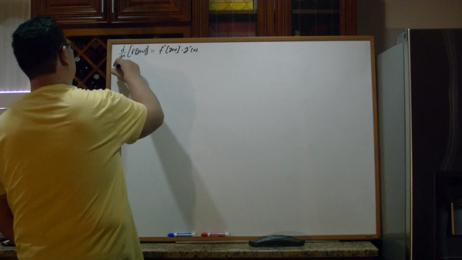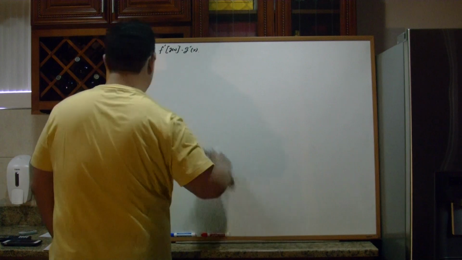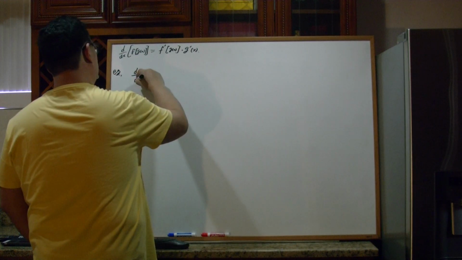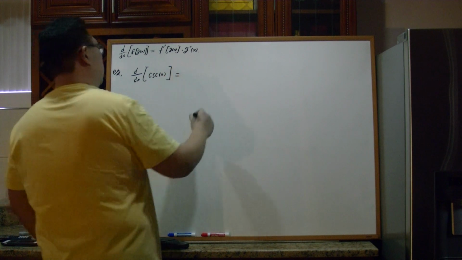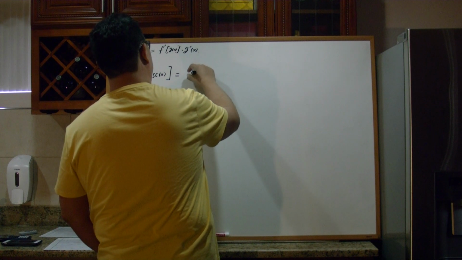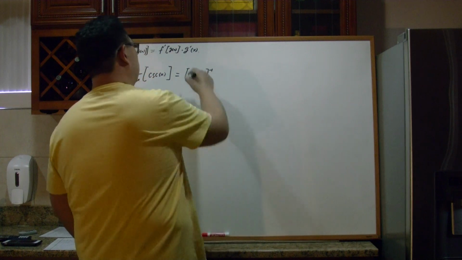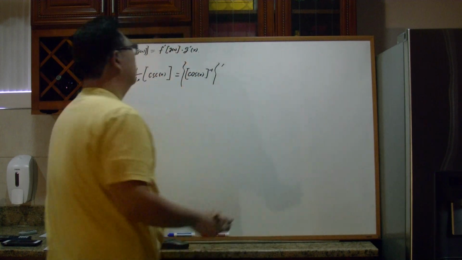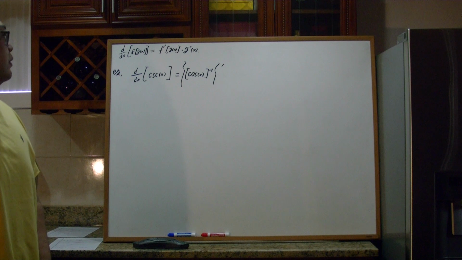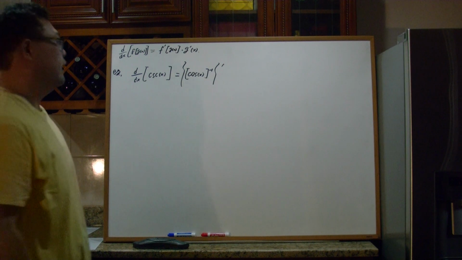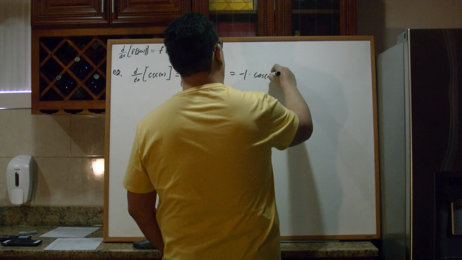The derivative of cosecant is the derivative of cosine to the negative 1. Right, cosine to the negative 1, that's what we get for the cosecant. To find that derivative, we use the power rule, that's negative 1 times cosine x to the negative 2.